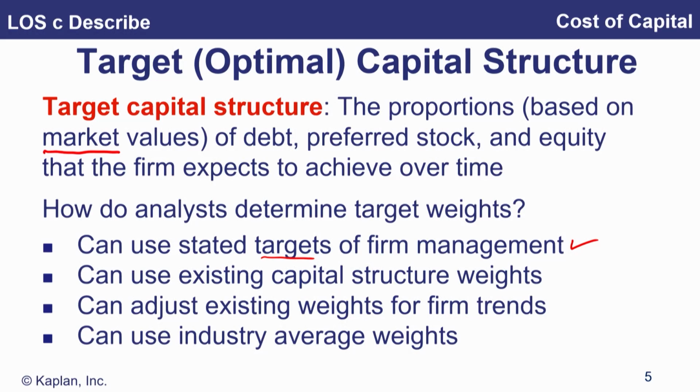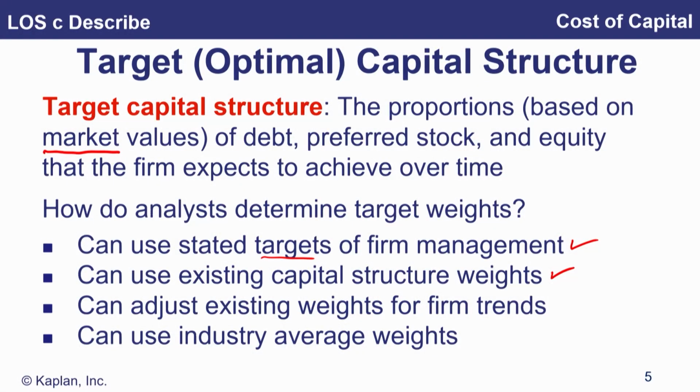Now, you could always use the existing capital structure weights and say, well, we just think they're going to stay the same. We could adjust this for a firm trend if we see, without any stated target or anything from management, we just see that, hey, this firm's been increasing its debt for a number of periods.